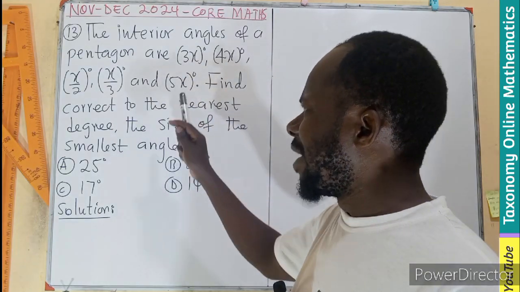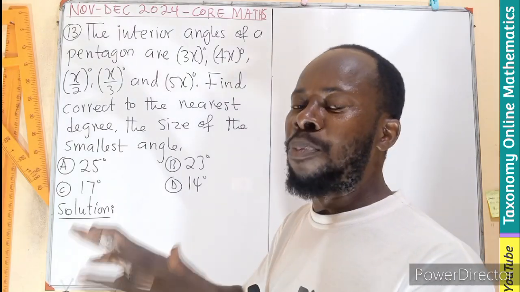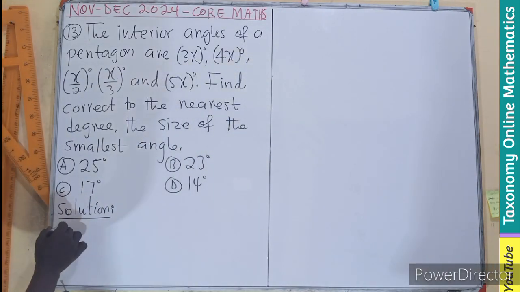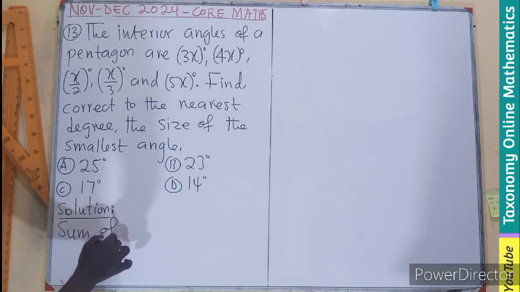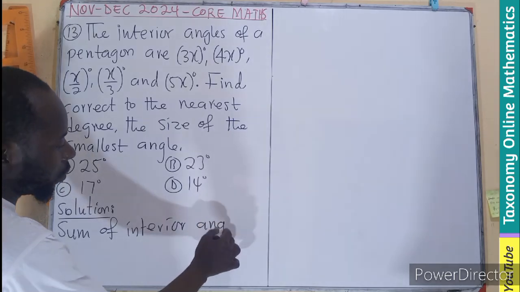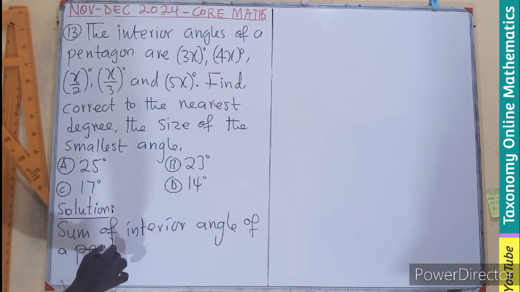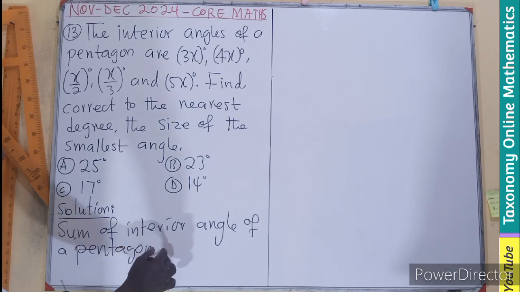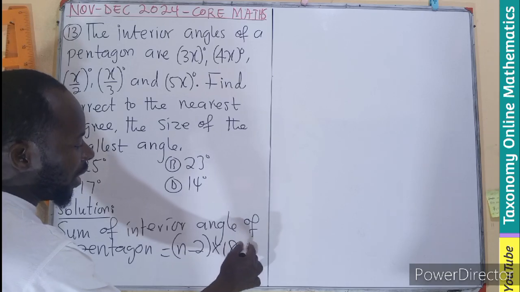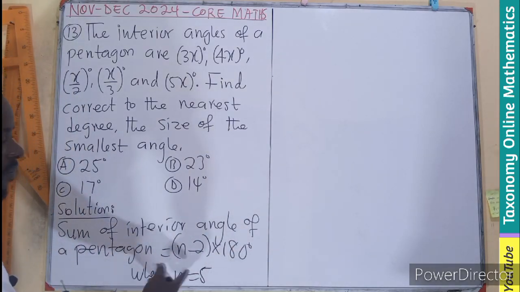Now, when we add all these angles, it must equal the sum of the interior angles of any polygon that has 5 sides. So that's the first thing we look for. The sum of interior angles of a pentagon is given by (n minus 2) times 180, where n is actually 5 sides.